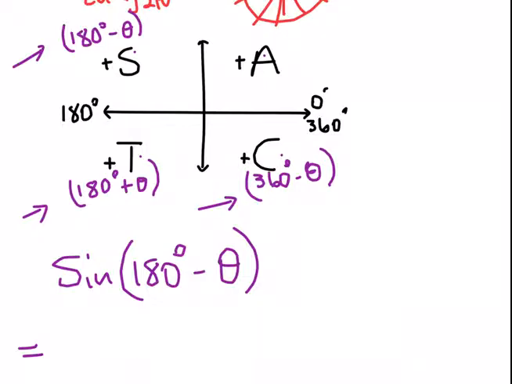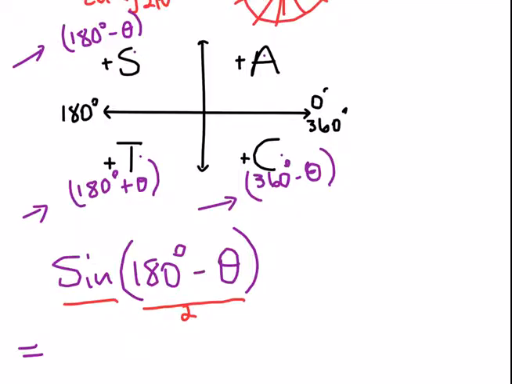You always work it out in reverse in terms of interpretation. You will firstly say, 180 minus an angle, it falls in which quadrant? It falls in quadrant number 2. And then in quadrant number 2, this trigonometric ratio, is it positive or negative?